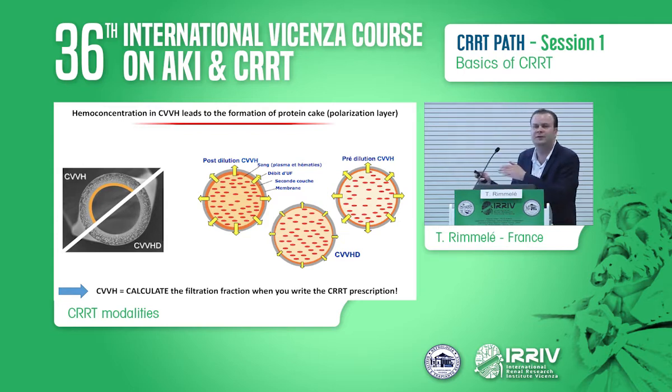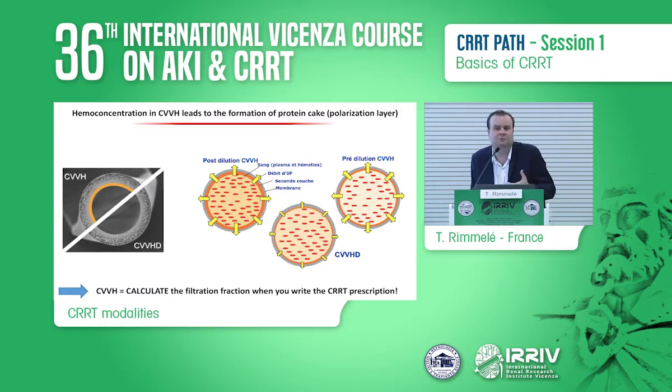Of course, when it's post-dilution CVVH, this is significant. When it's pre-dilution CVVH, you hemodilute inside the membrane, so you limit this phenomenon. And of course, you don't have this problem with CVVHD. So again, my suggestion is when you use CVVH, which we do sometimes also in our unit, it's mandatory to calculate the filtration fraction when you write the CRRT prescription.